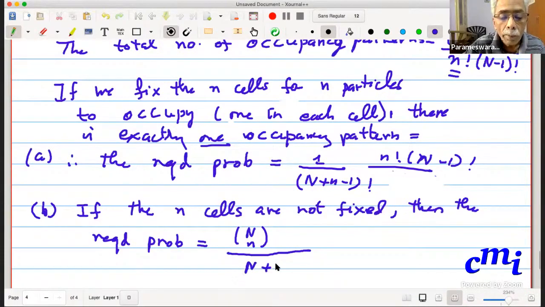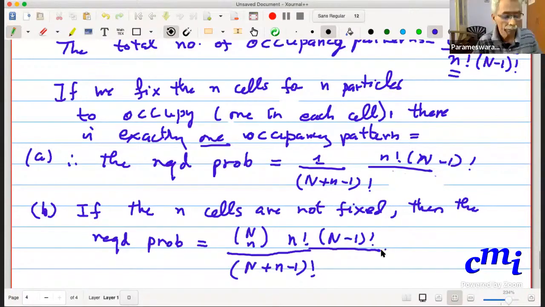So N plus n minus 1 factorial, over n factorial, n minus 1 factorial. Okay. That's it.